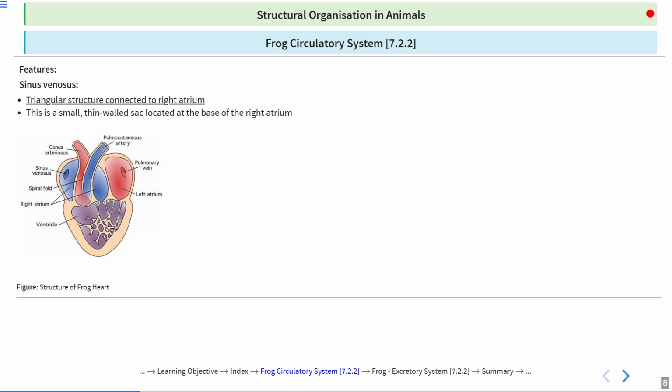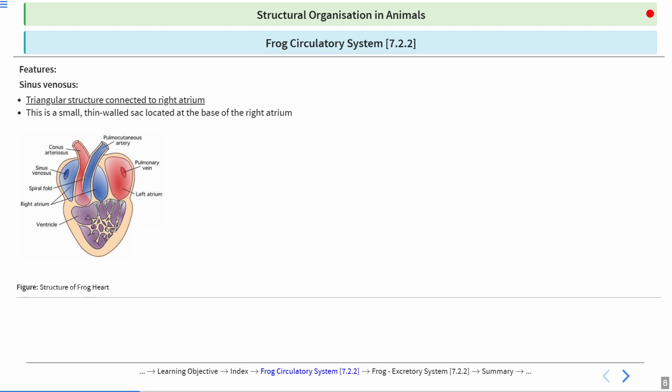Our body is divided into two parts, and in the case of the frog also, we are studying the frog, the frog body can be divided into two parts: the part above the heart and the part below the heart. The veins above the heart unite together and form a very thick vein that is called the superior vena cava.